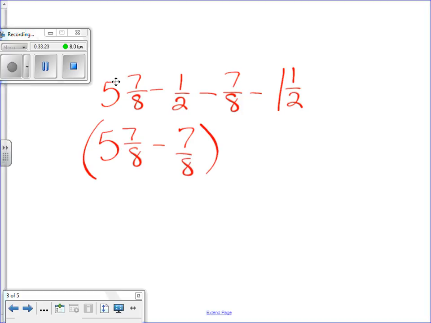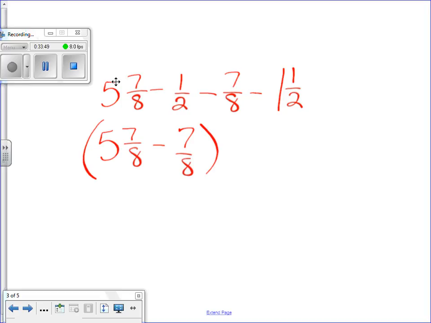If I had $10, and I spent $2, how much would I have? $8. What if I spend 5 more? But my big number still stayed in the front. So the big number still has to stay in the front.